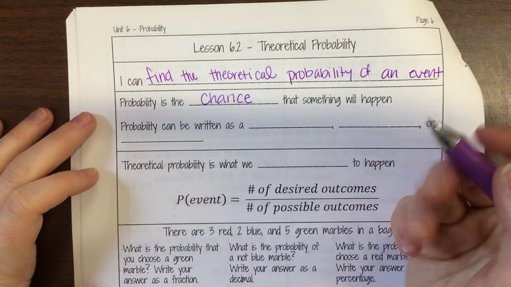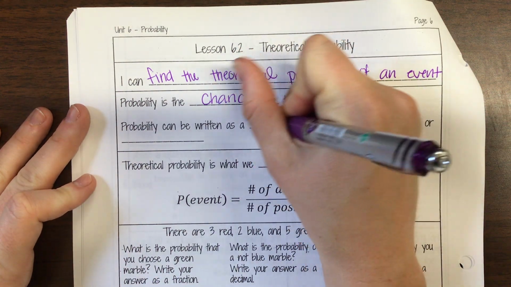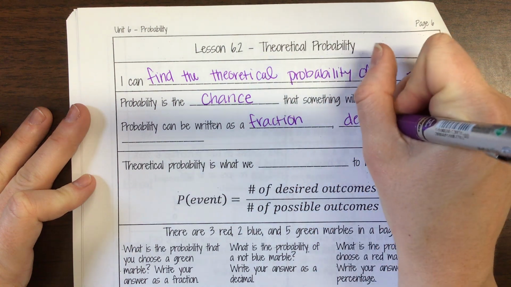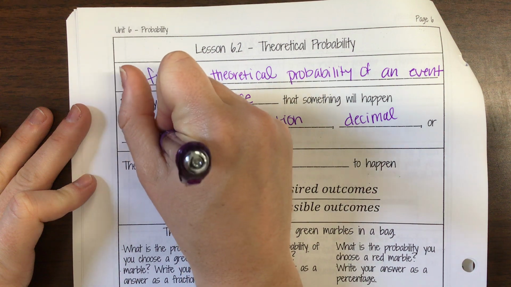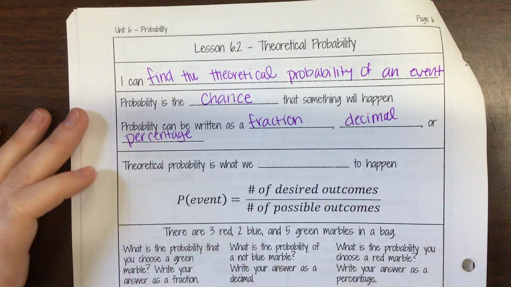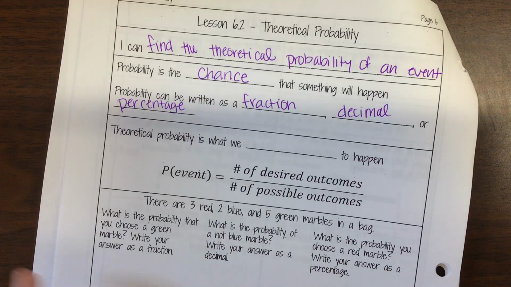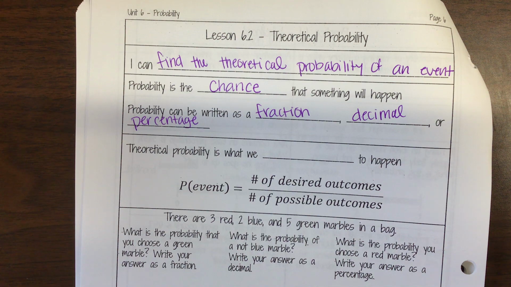Okay? And probability can be written multiple ways: as a fraction, decimal, or percentage. Okay, so the same chance can be represented different ways: as a fraction, decimal, or percent. Okay.